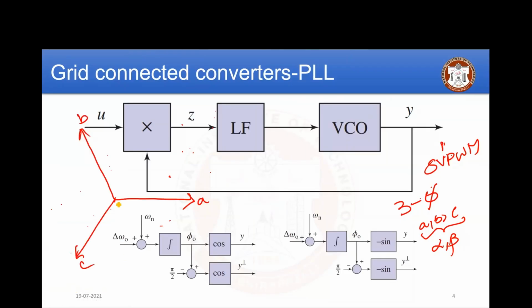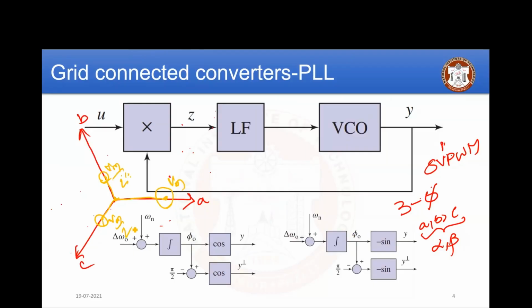I told you once, like your A phase, B phase, and C phase are like this. So at one instant, your A phase will be at maximum value and B phase, C phase will be half. Actually, in a three-phase balanced system, if one of the phases is at maximum value, the other two will be at half. So if you add all three at that instant, suppose A will be Vm, then B will be minus Vm by 2 and C will be minus Vm by 2 at that instant.